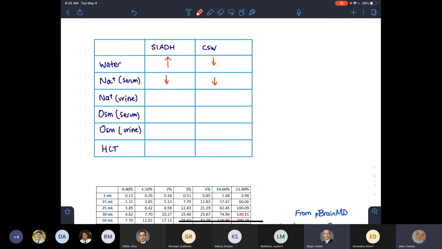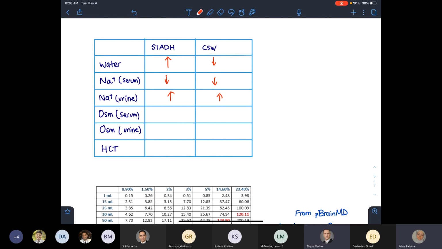Brianna, sodium in urine in SIADH, low or high? Okay, might be wrong. Whitney? All right, I'm getting crickets, so I'm just going to fill this in. Sodium in urine in SIADH is high. In both of them, it's high.